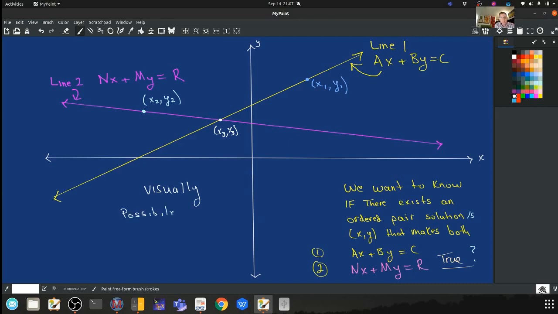So we just visually discovered one possibility: there is exactly one ordered pair solution. And when I say solution, I mean a solution to both equations.